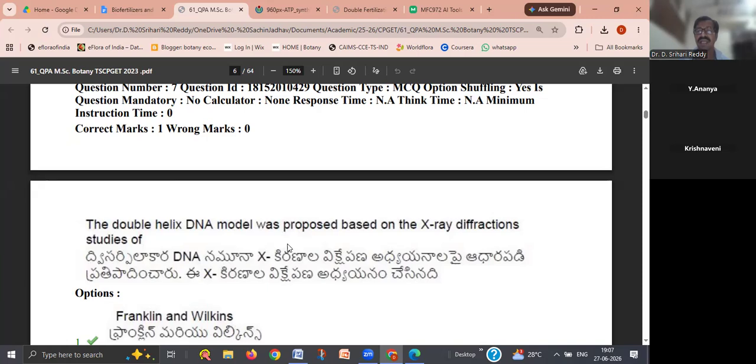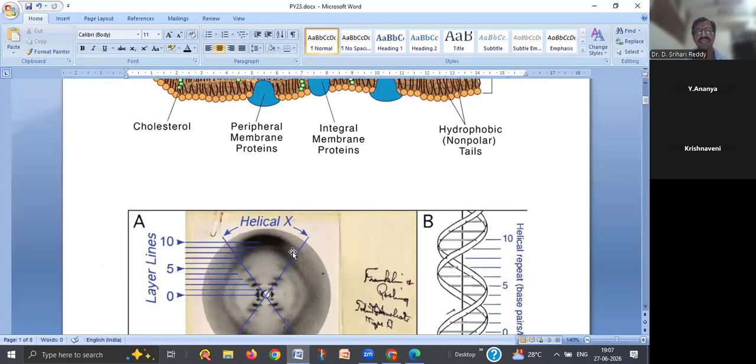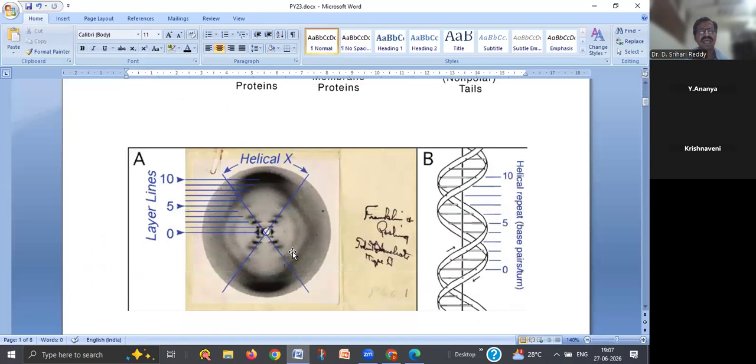And also, the X-ray crystallographic structure of the DNA was produced by Franklin and Wilkins. This is also very important. You see, this is the X-ray crystallography model of DNA. Here you see the pattern of the X-ray diagram. It shows this kind of structure.